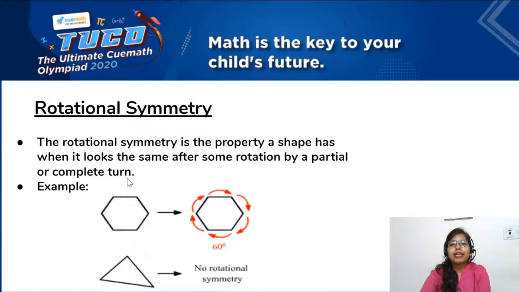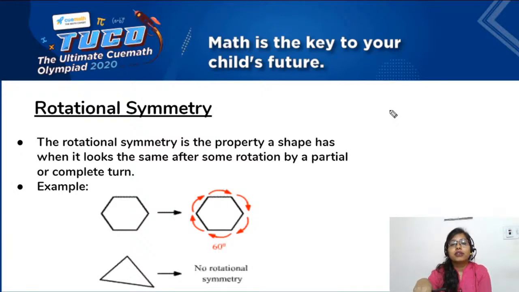For example, let me take a hexagon. You could also take an example of a square. If you rotate a square by, let's say, 90 degrees or 180 degrees, at every point you get back the same shape, which is a square. It means that you get back the same figure again and again in one whole complete rotation.